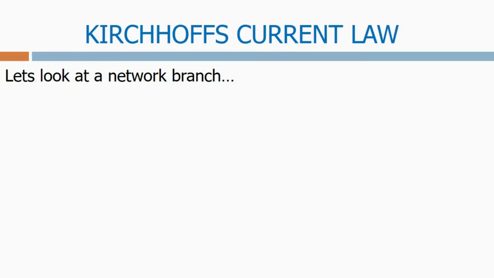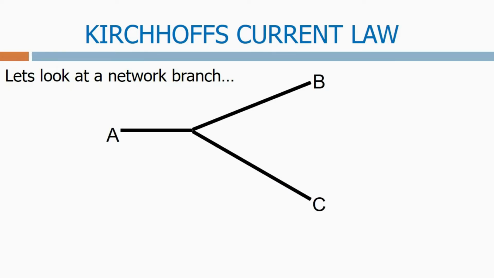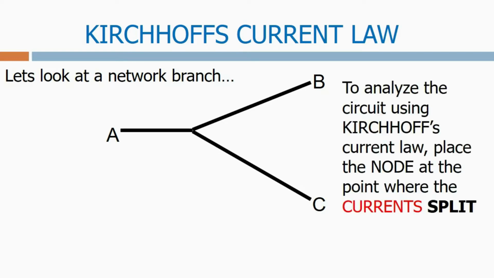Let's look at a network branch. Here we have a branch with ends A, B and C. To analyse the circuit using Kirchhoff's current law, place the node at the point where the current splits. Put the node here.